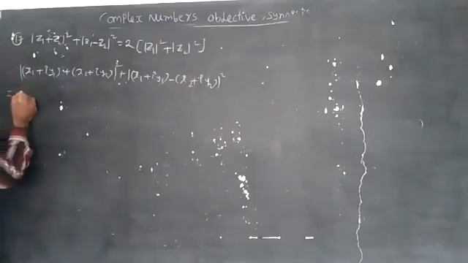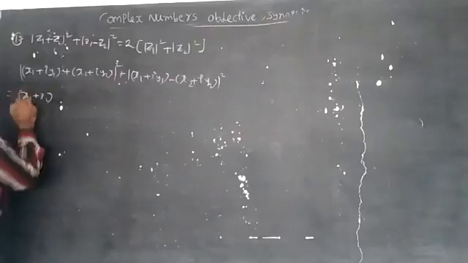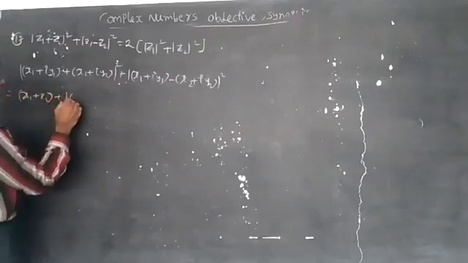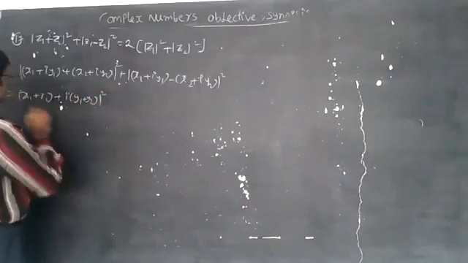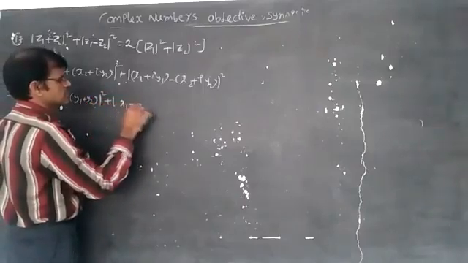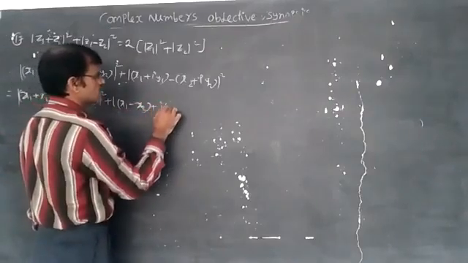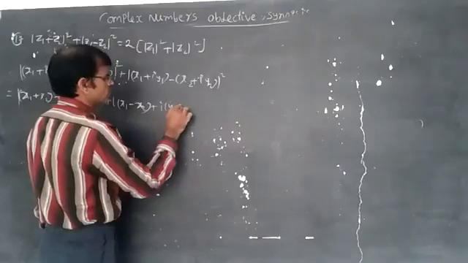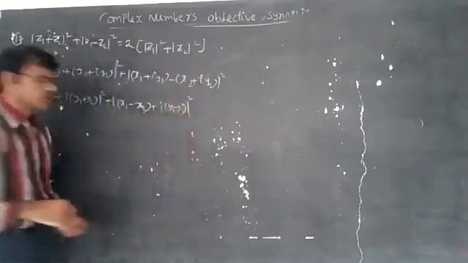That is equal to x1 plus x2 in brackets plus i, taken common, y1 plus y2, modulus whole square, plus x1 minus x2 within brackets plus i into y1 minus y2, total whole square.